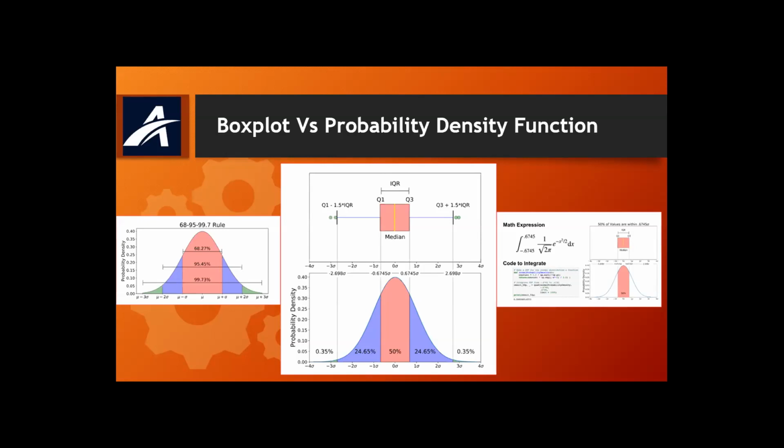Basically, this means how many standard deviations away from the mean your data is. 68.27 is 1 standard deviation away from the mean, 95.45 is 2 standard deviations away from the mean, and 99.73 is 3 standard deviations away from the mean. So basically, this is the rule governing how many deviations away from the mean our data point is.